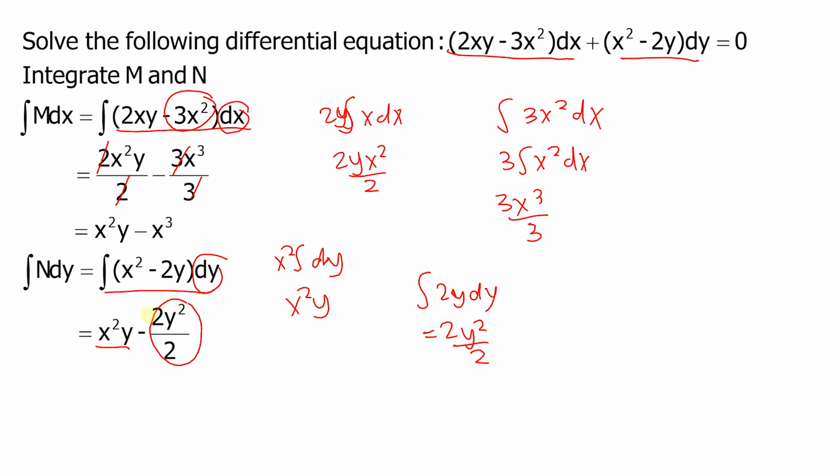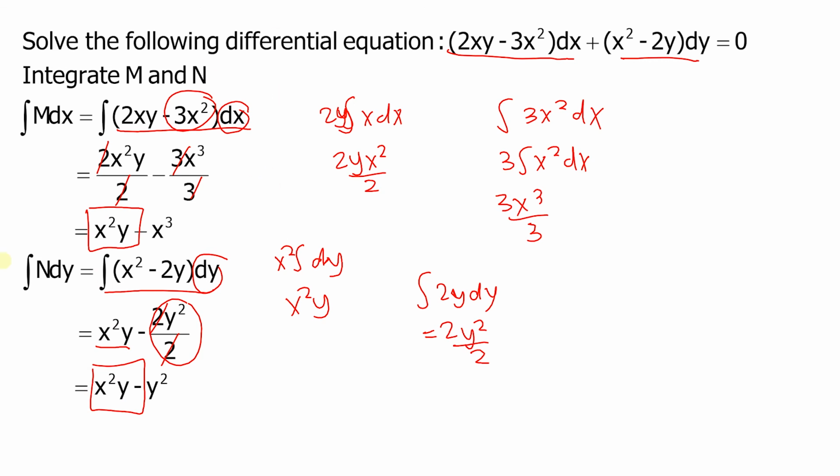Simplify lang, cancel. So, you have x squared y minus y squared. As you can see, nag-balik ang x squared y, di ba? If naay mag-repeat na terms after integrating, meaning kapag exact DE tapos naay nag-repeat na term, naa ka sa good side, padulong na ka sa tama na answer. So, that's a good sign.